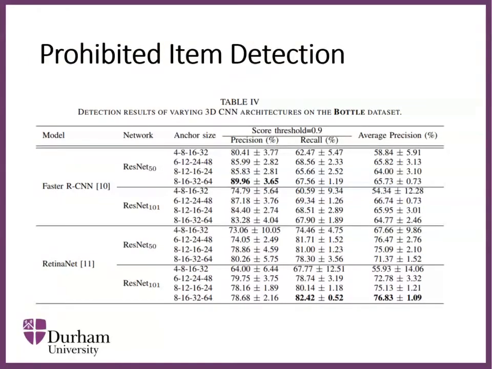In general, RetinaNet achieves higher recall while Faster RCNN gives higher precision, and RetinaNet seems to be a better option in terms of average precision.